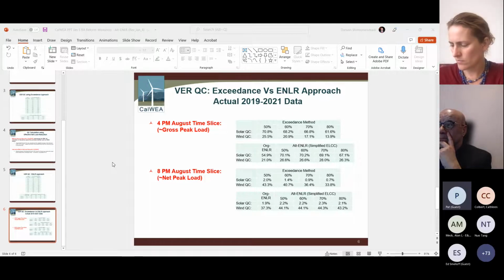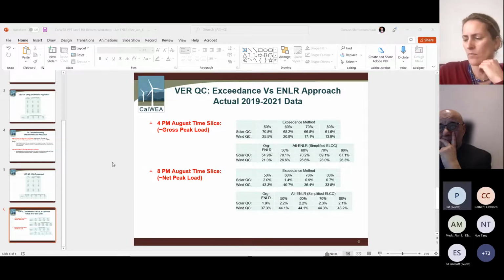We're looking at some kind of month-hour qualifying capacity for variable energy resources, whether that's Exceedance or ENLR. But the framework is already looking at the performance of those resources against max load in that hour framework, so isn't ENLR double counting, because load's already in there? I'm just curious if you can address your thinking.